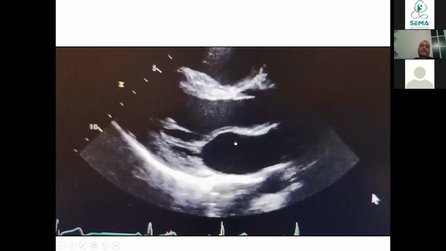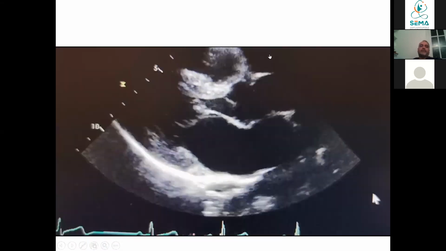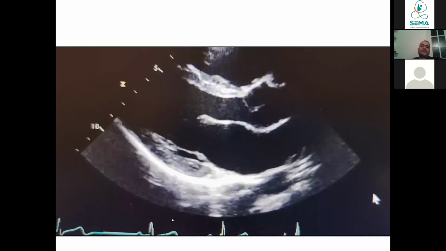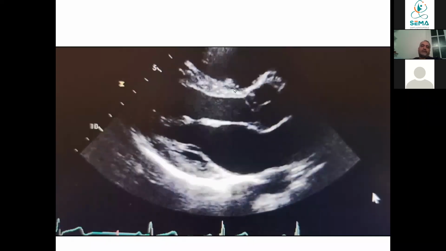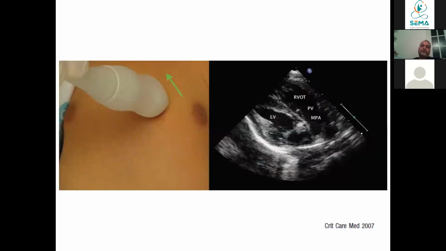Also, sometimes from long axis, if you want to calculate the ejection fraction by M-mode, you just put the cursor here and cursor here in this area, and go to M-mode, and from M-mode you can calculate the ejection fraction. This is also another way from the long axis.